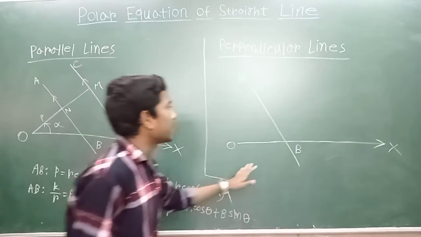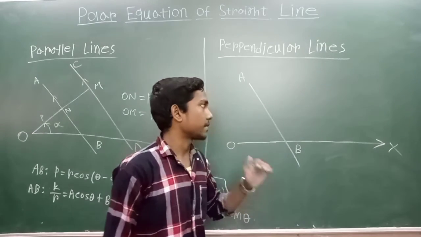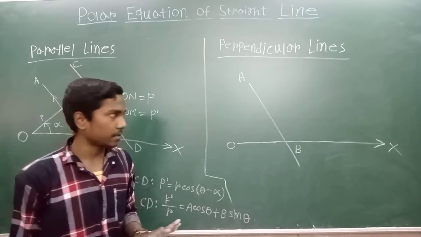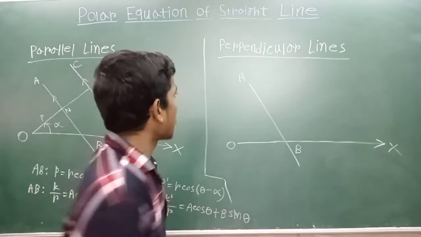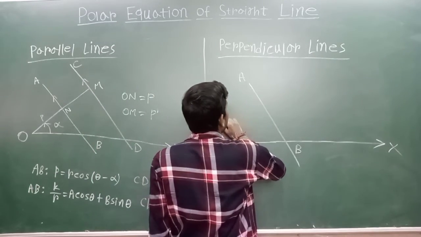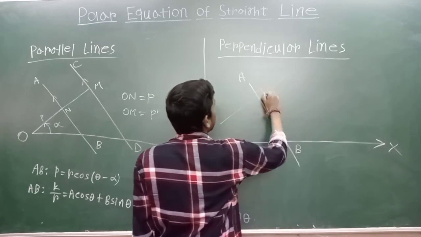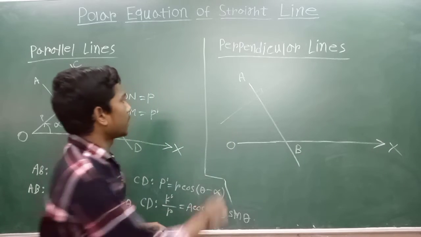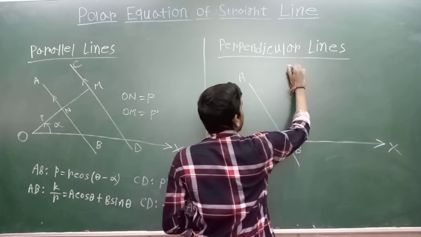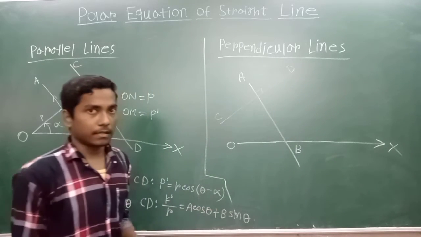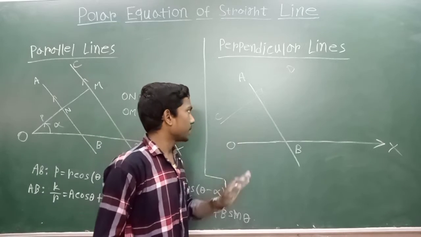We have to find the equation of a straight line which is perpendicular to this straight line. So this is the straight line CD, perpendicular to AB. We have to find the equation of CD.